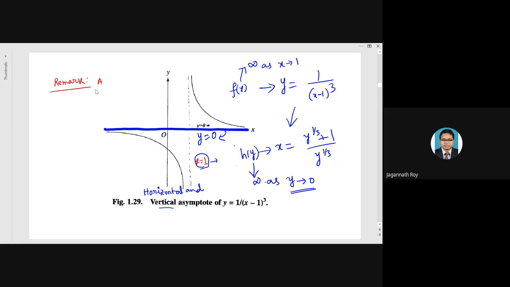Asymptotes, the distance between origin and an asymptote of a curve is finite.